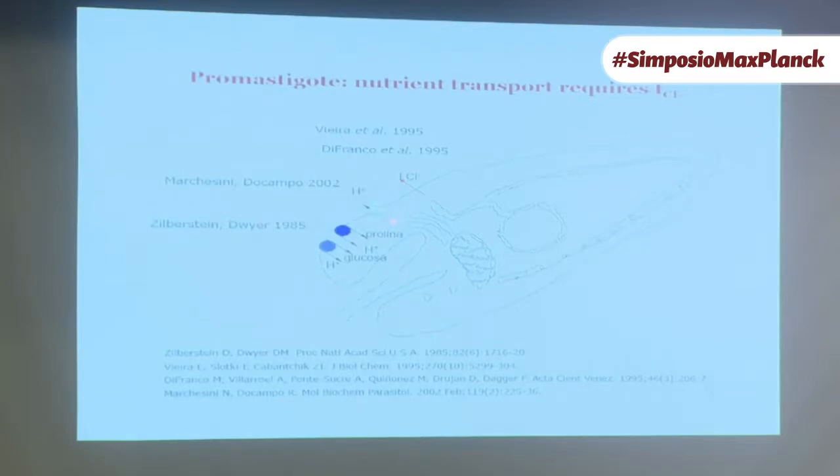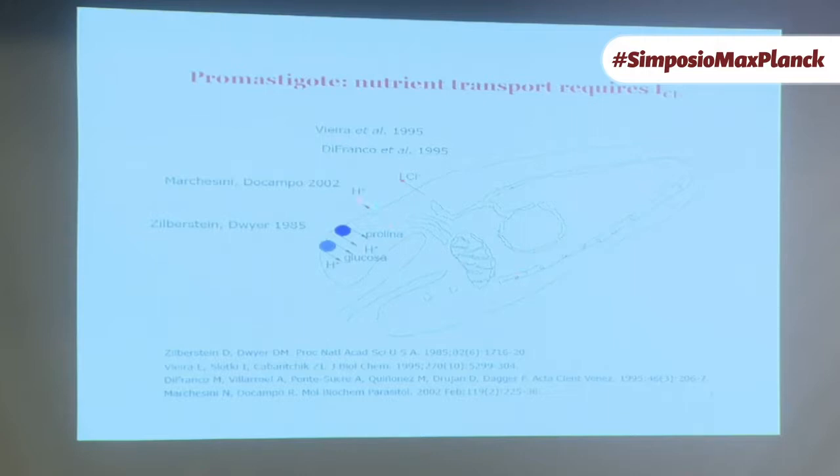The actual pump was described much later by Marcela and Docampo, and it is a P-type ATPase, which has certain features related to the sodium-potassium ATPase, the main pump in the animal cell.